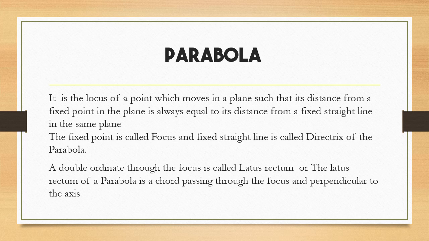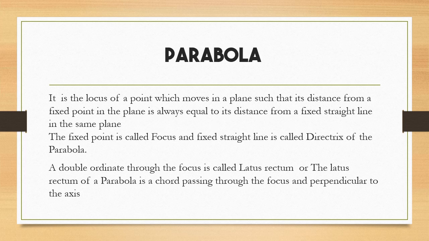A parabola is defined like this. It is the locus of a point which moves in a plane such that its distance from a fixed point in the plane is always equal to its distance from a fixed straight line in the same plane.